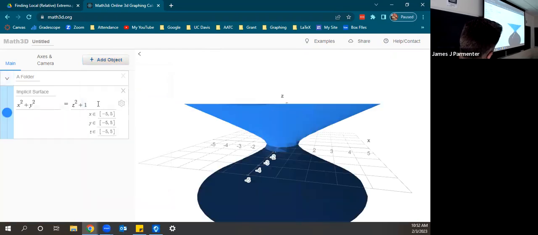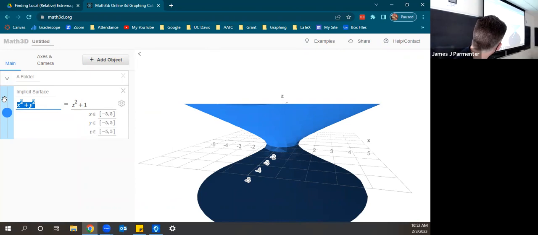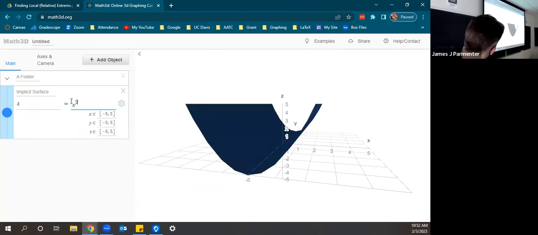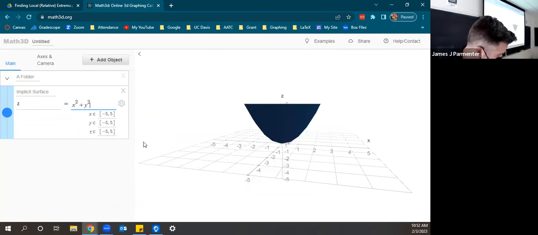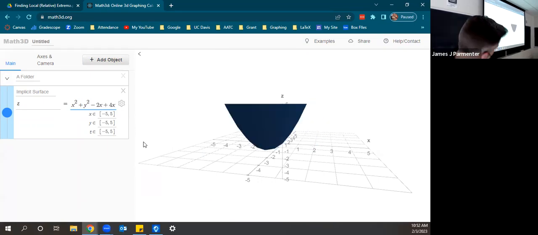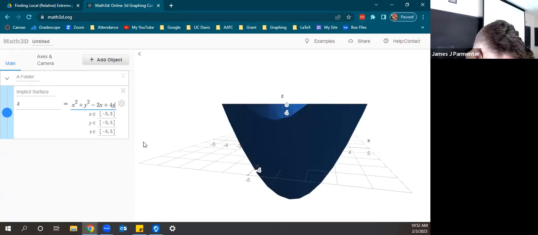Fine, we'll deal with it. So we want our equation to be z equal to, and then our function was x squared plus y squared minus 2x plus 4y plus 3.